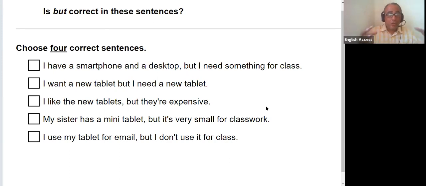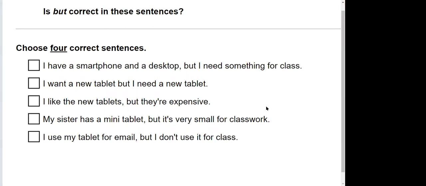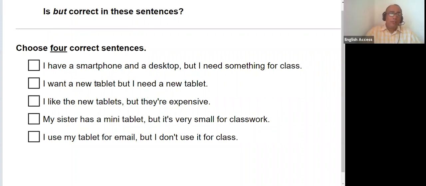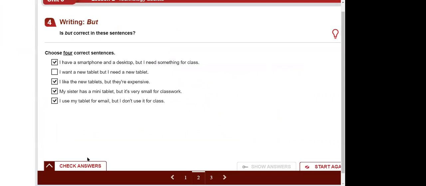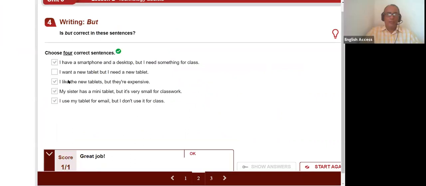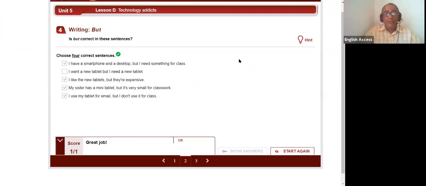Because we are joining 2 sentences with the same idea. In the second, okay, because I want a new tablet, but I need a new tablet. So this is correct. Very good, Fatima. Very good, Francisco. Yes, this one has the same idea.